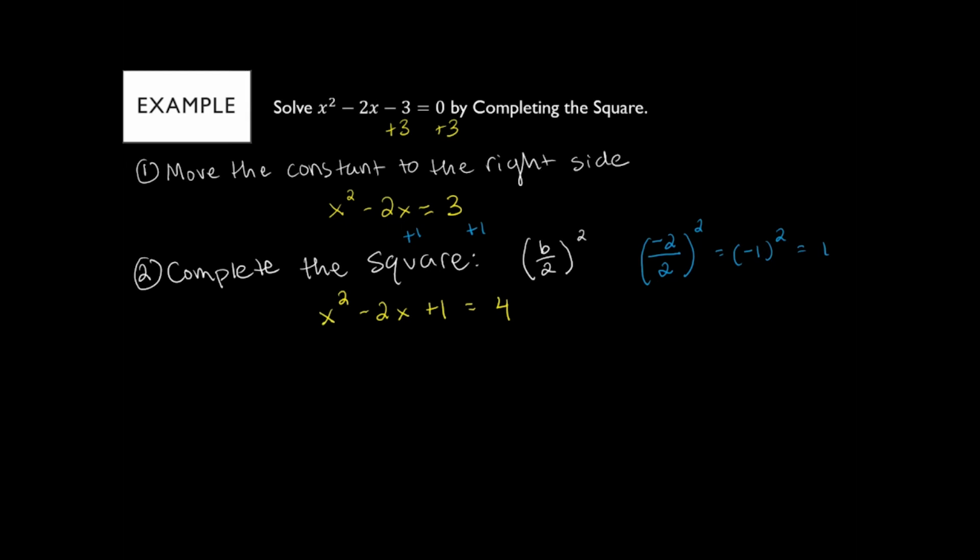So step 3 is to factor the left. So that will give us x minus 1 squared equal to 4. And the key here is what I had in parentheses before I squared.